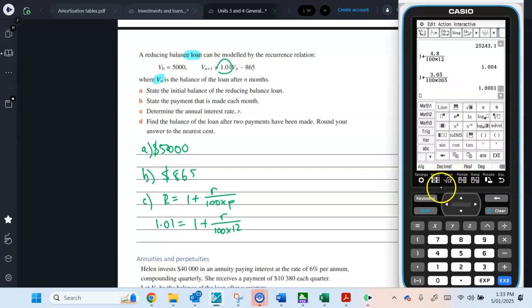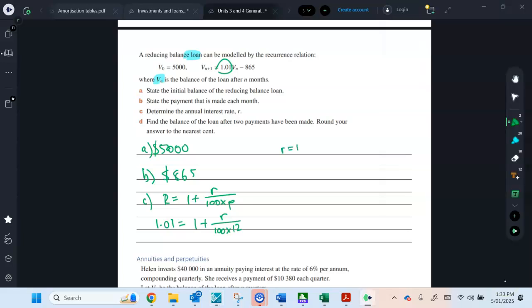I'm just going to use solve because most of you will probably use solve. 1.01 equals 1 plus, then we go shift, and just leave it as X. We don't need to find R. So R is equal to 12%. It's a very, very high interest rate.